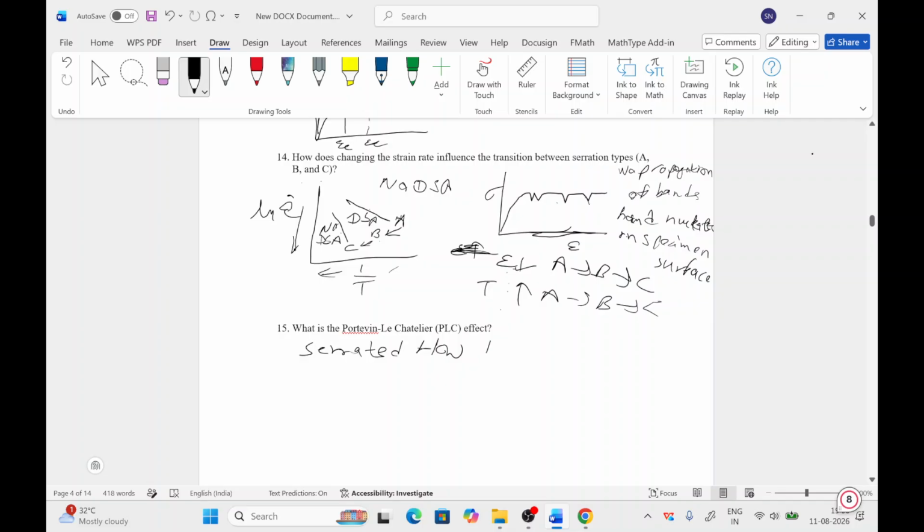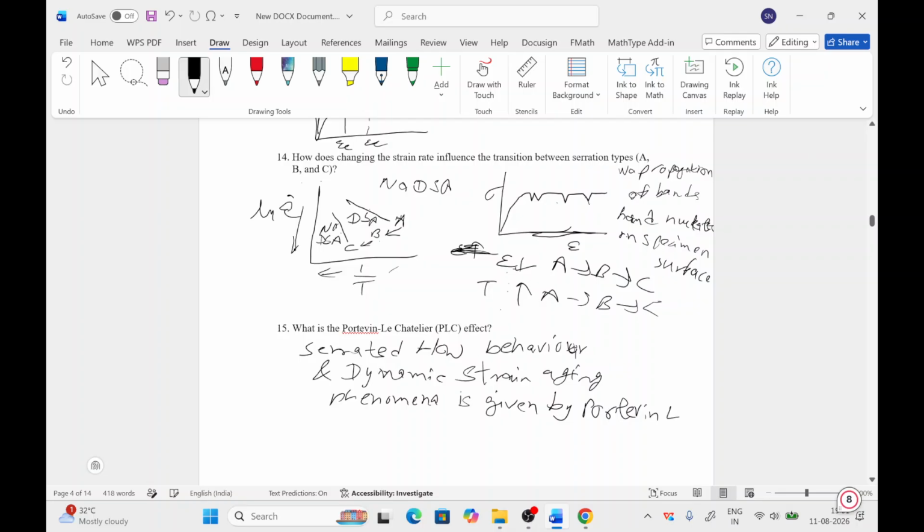So next, flow behavior and dynamic strain aging. The aging phenomenon is given by Portevin and Le Chatelier, the scientists.